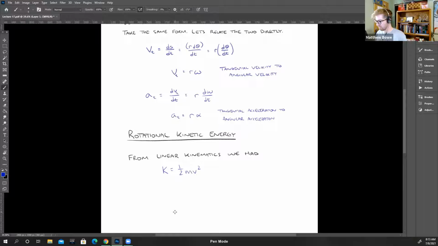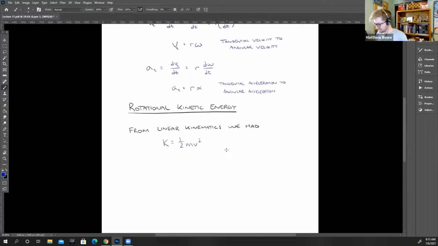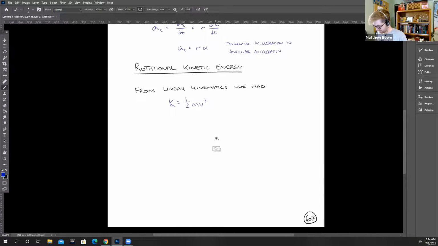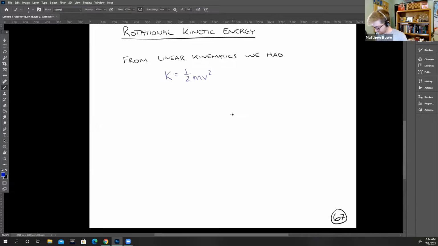It's also the symbol for the energy; it doesn't change when it goes to a rotational point of view. For many objects, when we were doing something linear, it was just adding up all of the individual small kinetic energies. So let me show that.